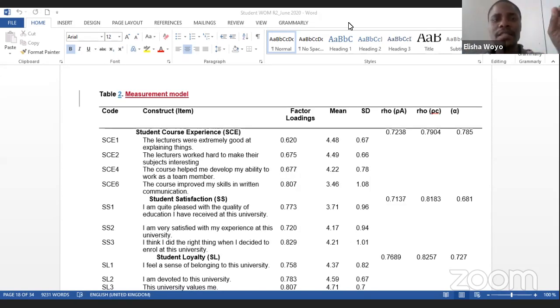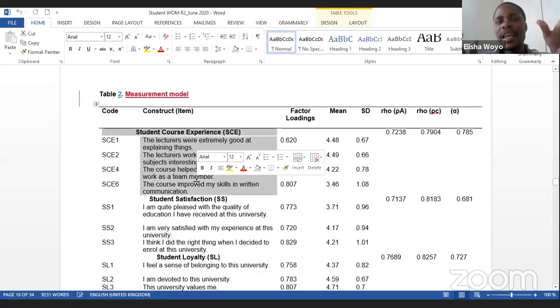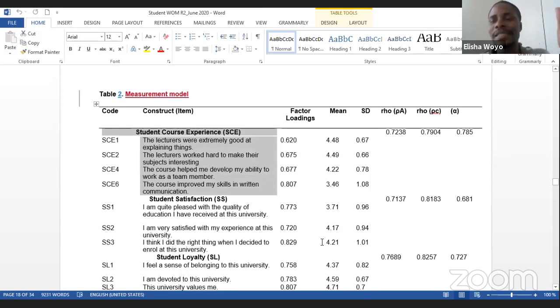So all I'm saying is, in this particular section of my instrument, I have asked the respondents a number of aspects in my questionnaire. What we were asking is, were the lecturers extremely good at explaining? Did lecturers work hard?